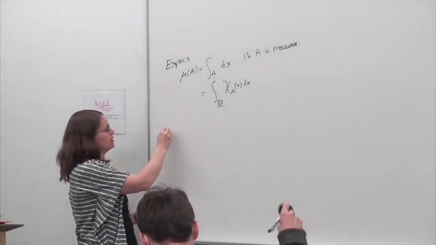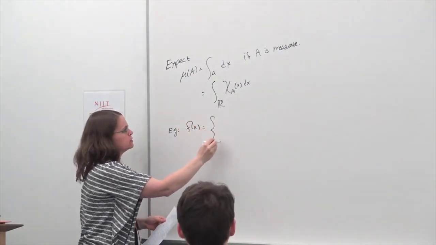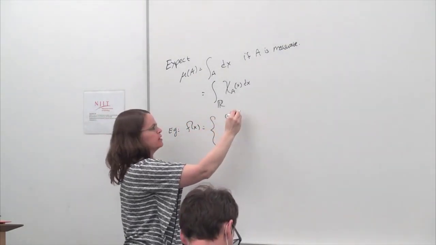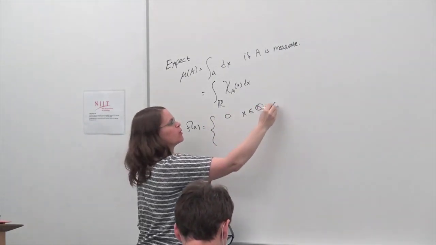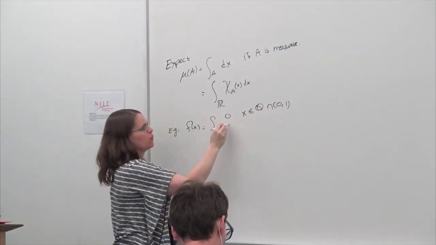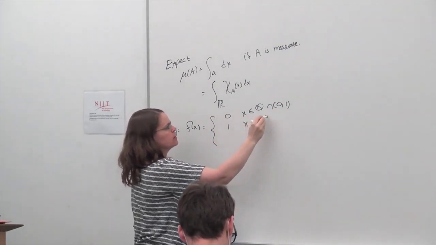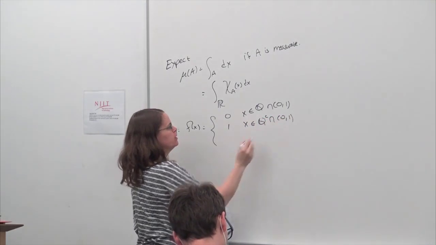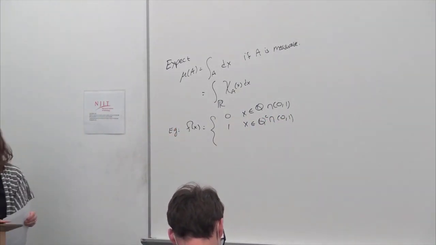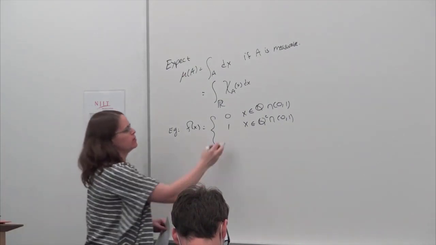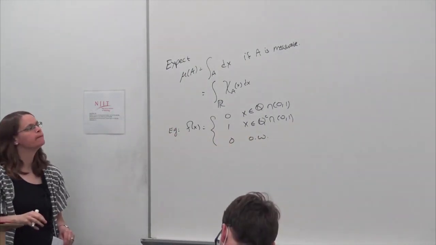We could say, well, let's take the function that is equal to, say, 0 when we're looking at a rational between 0 and 1, and 1 if x is an irrational between 0 and 1. Right, and maybe 0 outside of this interval.